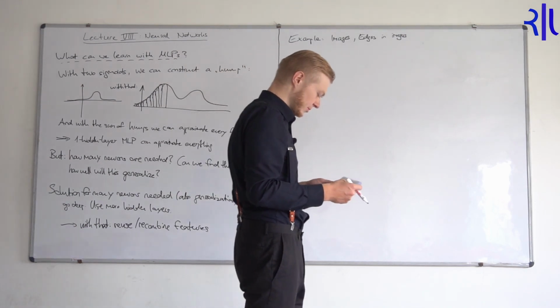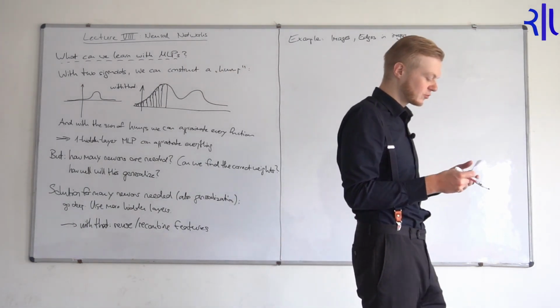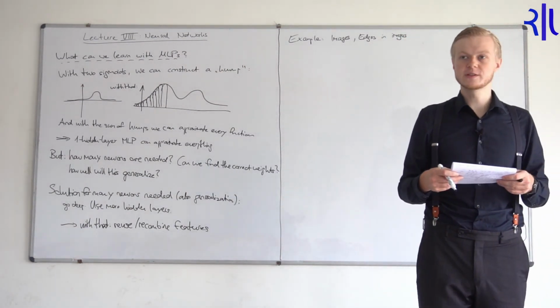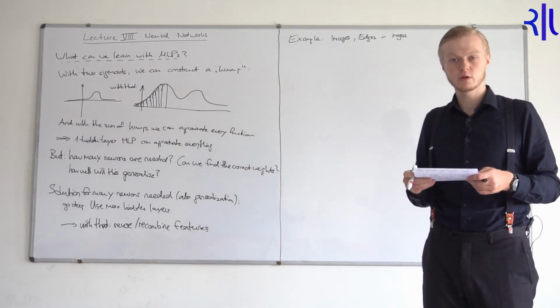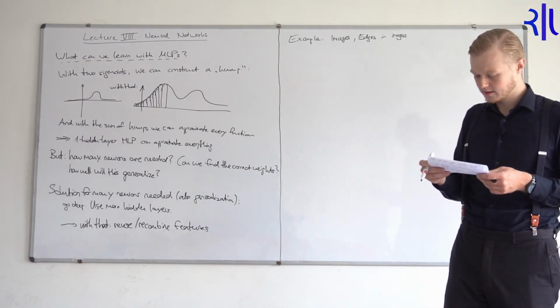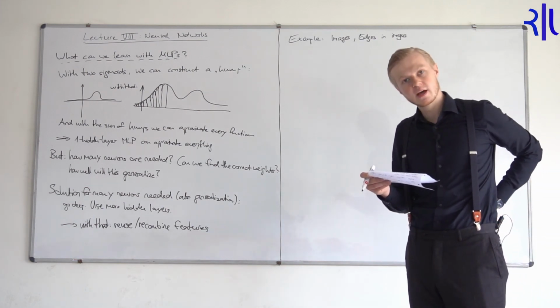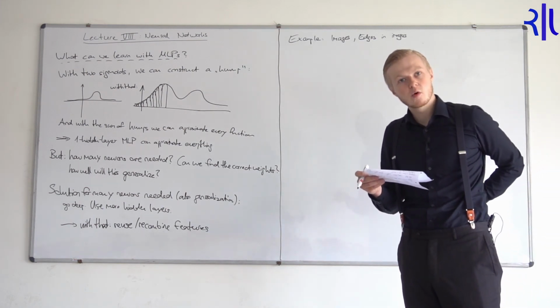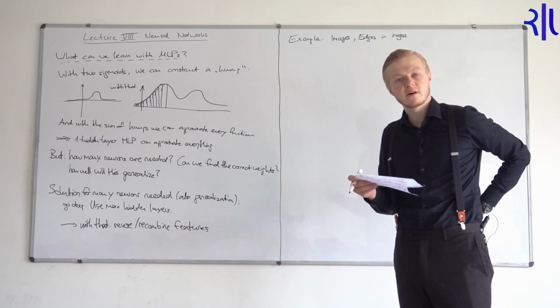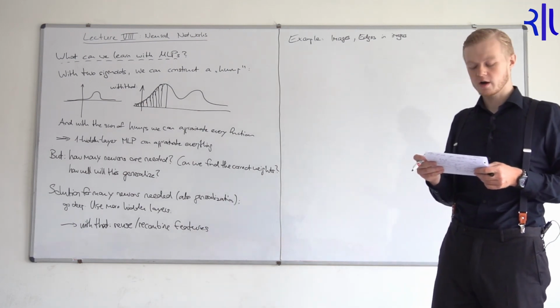And this combination, this recombination and reuse of features, is only possible if you have deeper topologies. Topology in the context of a neural network basically means how the graph that specifies the neural network looks.